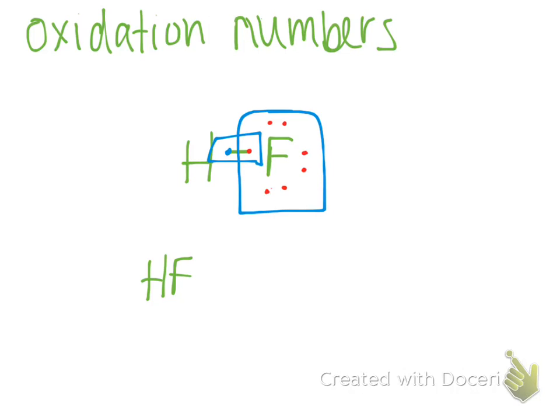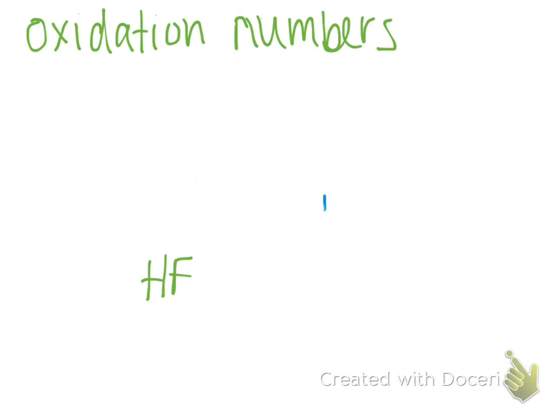So when we solve oxidation numbers, there's a whole list of rules, and you can see them in your book here on page 232, but I'm going to give you a shortened version of how we can assign an oxidation number. You can think of that as a mini charge.